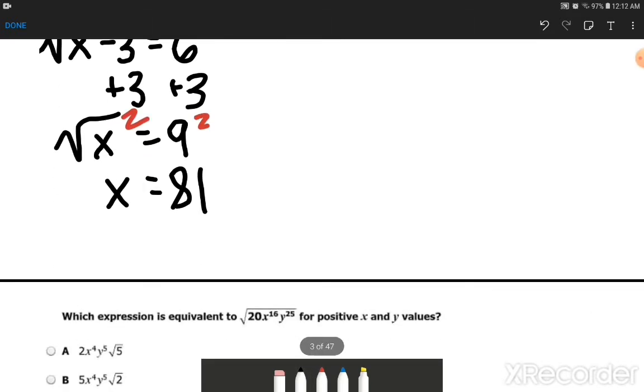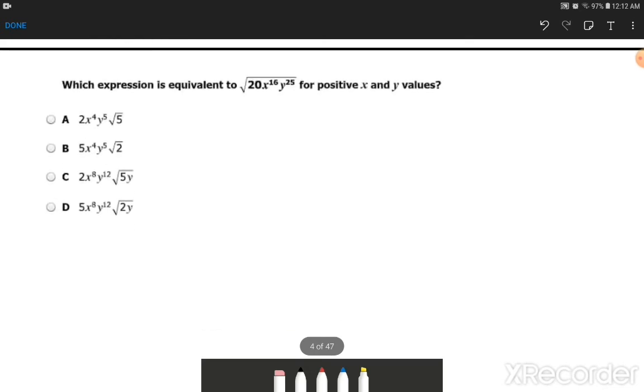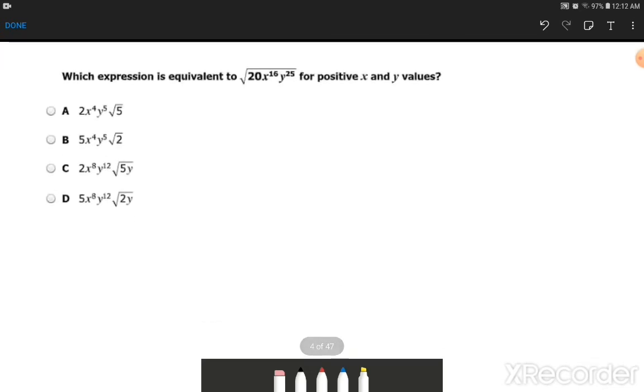Alright, let's move on to question 1. Which expression is equivalent to the square root of 20 times x to the 16th times y to the 25th for positive x and y values? First we're going to find the square roots of the variables. For this 16, we're going to divide it by 2 and get 8.